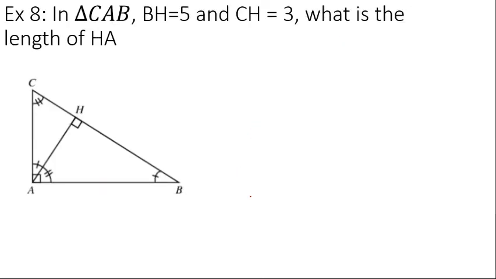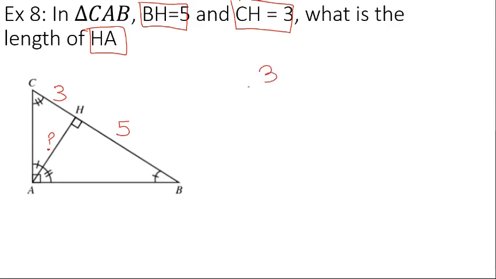Number 8. Let's see here, the triangle CAB, BH equals 5. So B to H, this is 5. Okay. And CH is 3. And so what is the length of HA? So HA is right here. So the way we solve this is we set up a proportion like this.